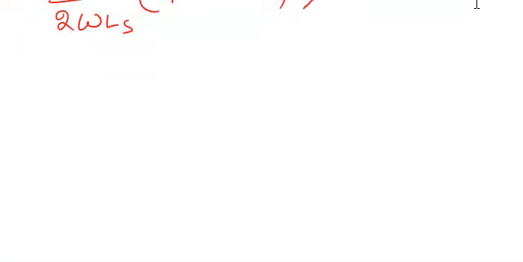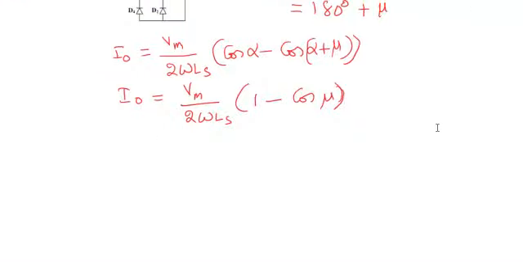For that we need to substitute all the values given here. I average is given, that's 14 ampere. So 14 equals Vm, which is given in terms of RMS value, so 220 into root 2, divided by 2 omega.